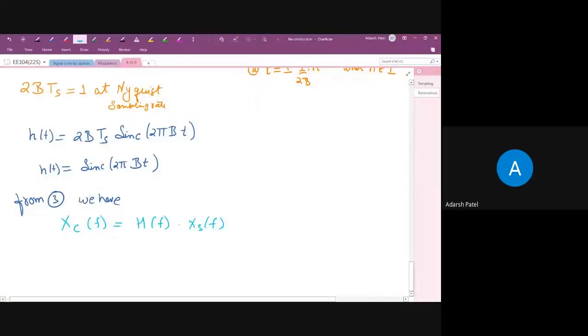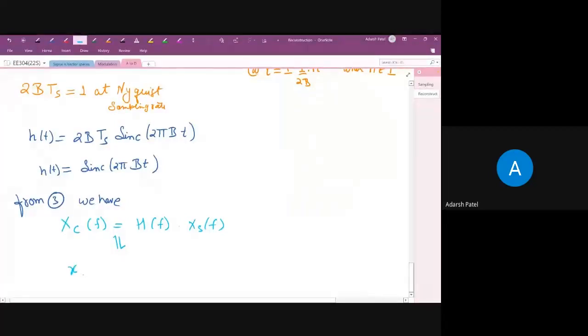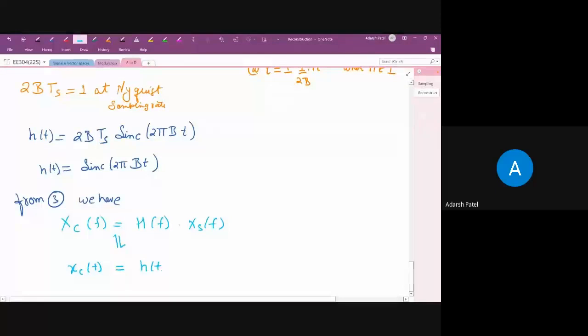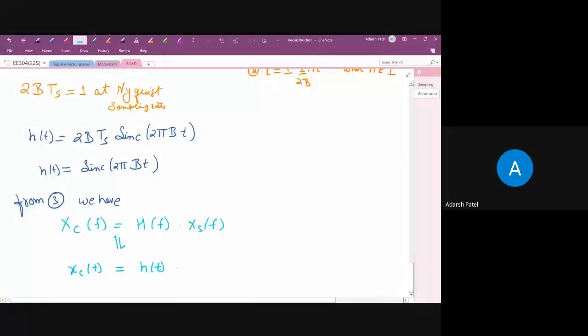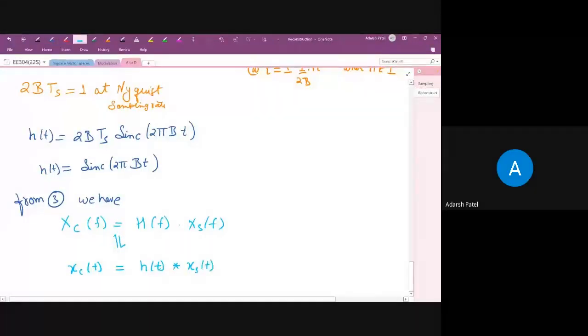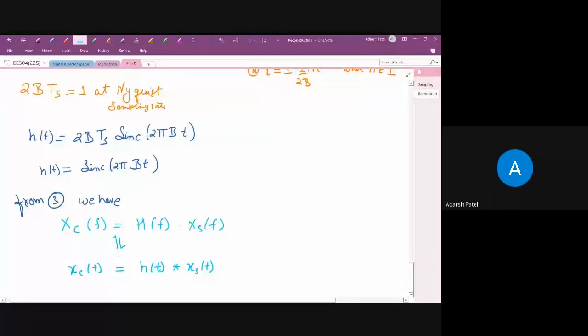And now if I want to write the equivalent in time domain, this becomes xc(t) equal to h(t) convolved with xs(t).